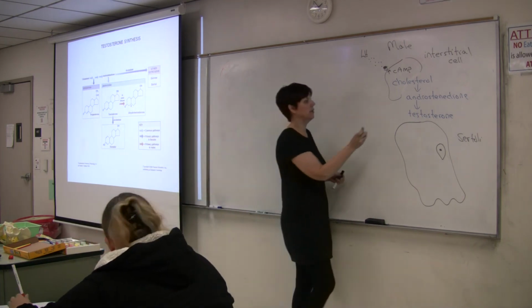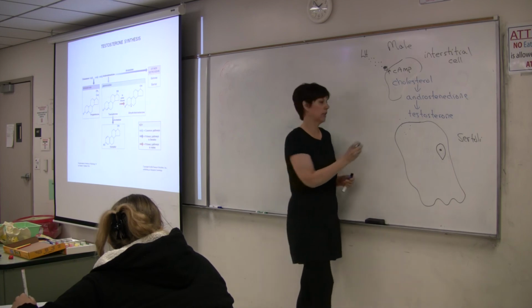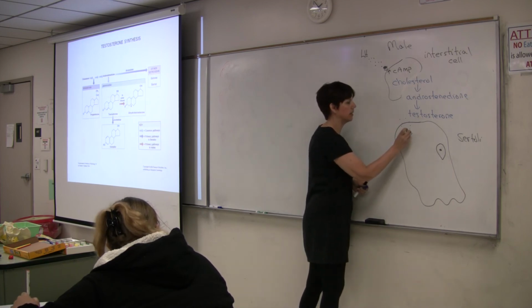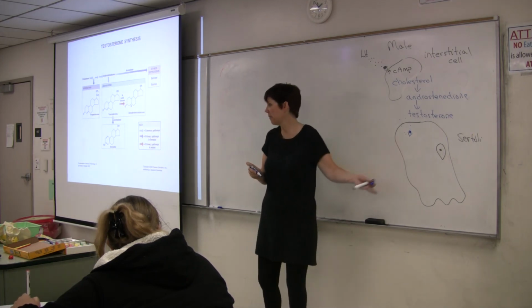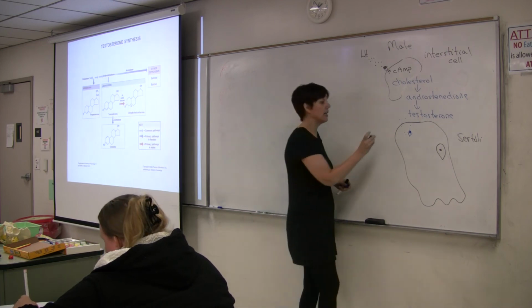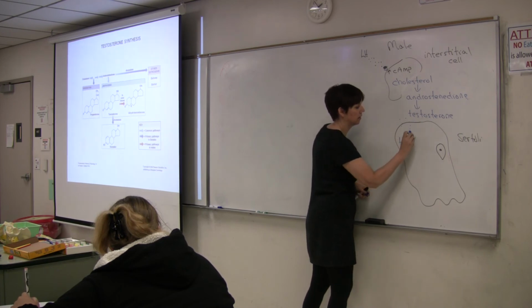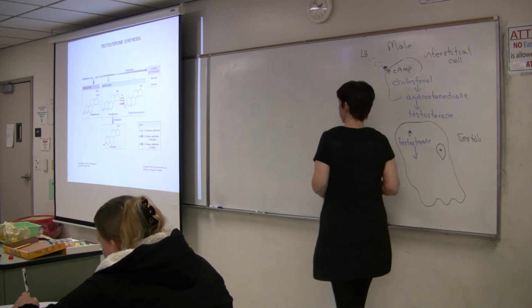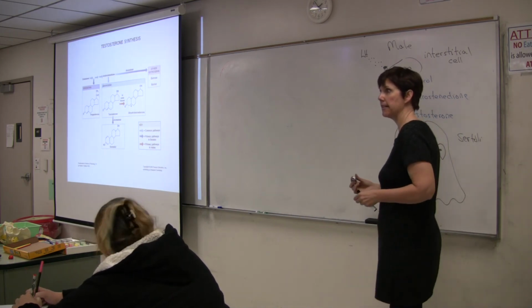So testosterone will enter into the Sertoli cell and bind to cytoplasmic receptors, some on the Sertoli cells, some within the developing spermatocytes. Some of the testosterone, I'll write the word testosterone here, is going to be converted to the hormone that's responsible for secondary sexual characteristics.